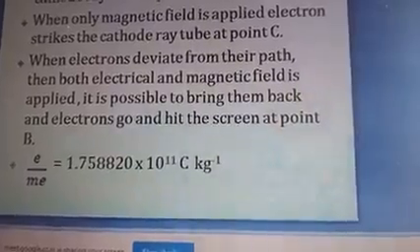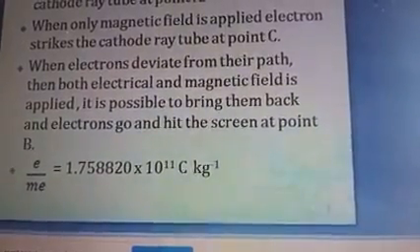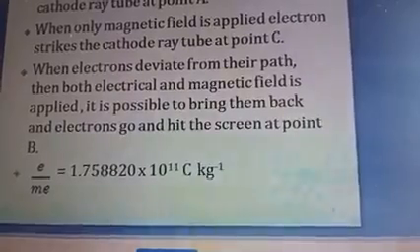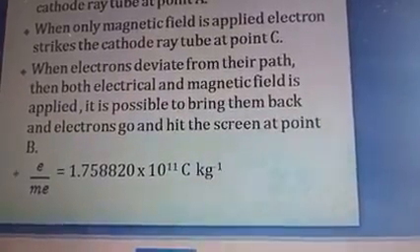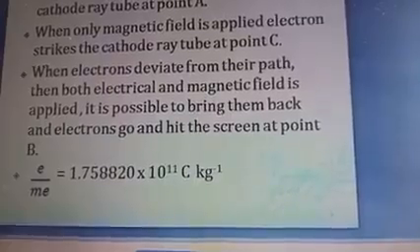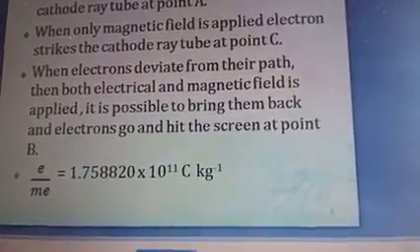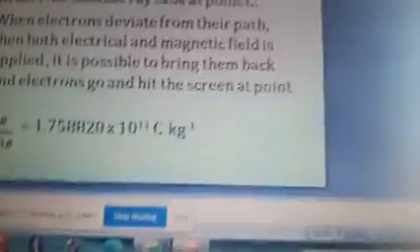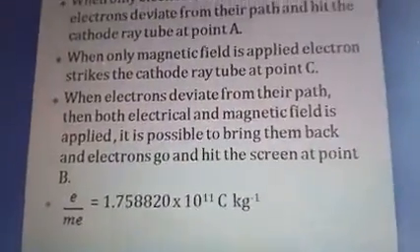So this calculation is not there, you just need to learn the value by heart. Here m e is the mass of the electron, and e is the magnitude of the charge of the electron, and C is the coulomb, and this is what we have known in this charge by mass ratio.